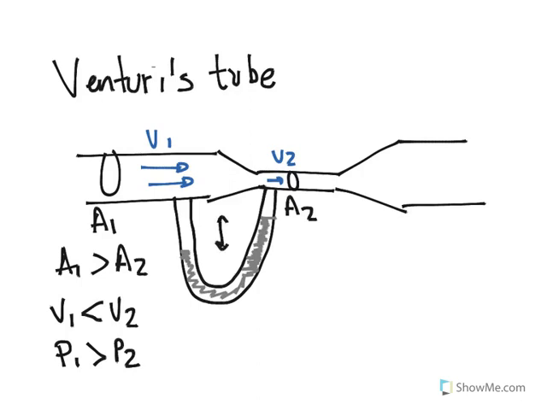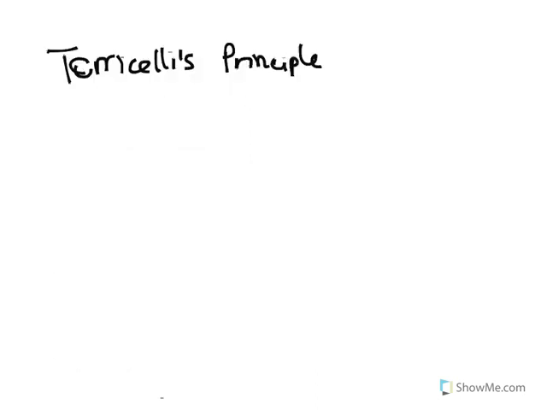A difference of pressure will tell you the velocity of the fluid. So actually, this Venturi's tube is used to measure the velocity of a fluid inside a given pipe. That's the reason why you put in a constriction and a U-tube, in order to obtain a velocity.